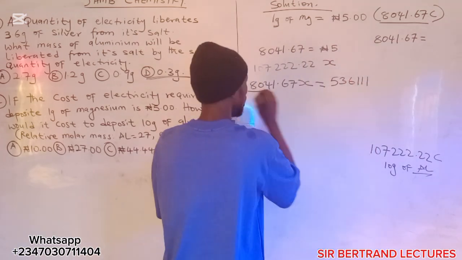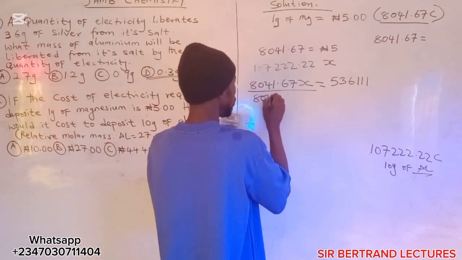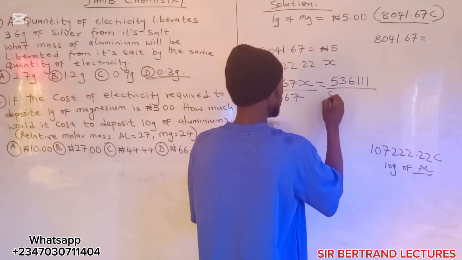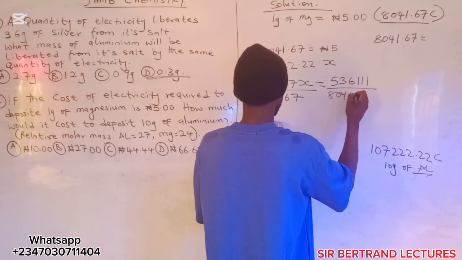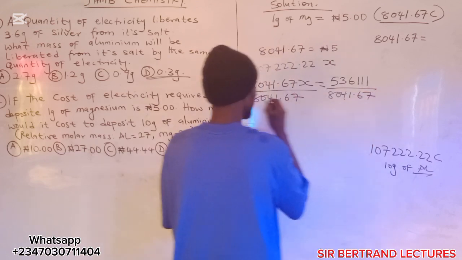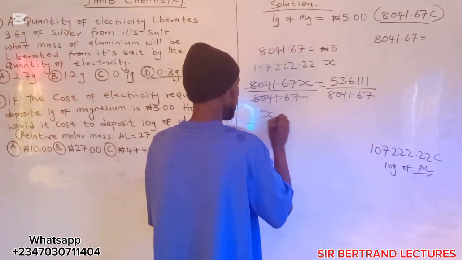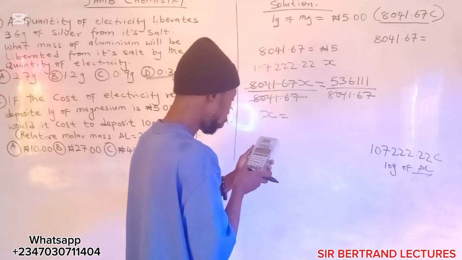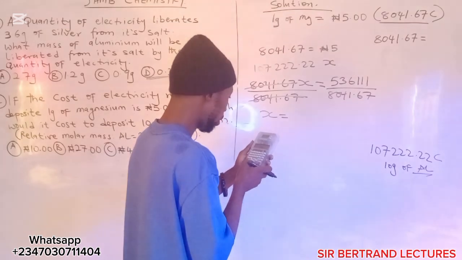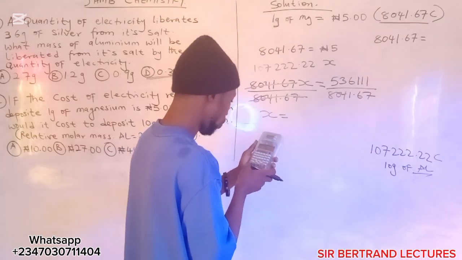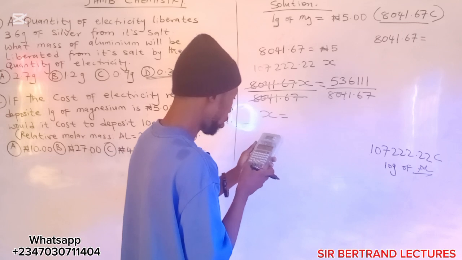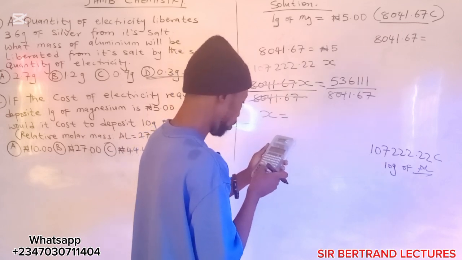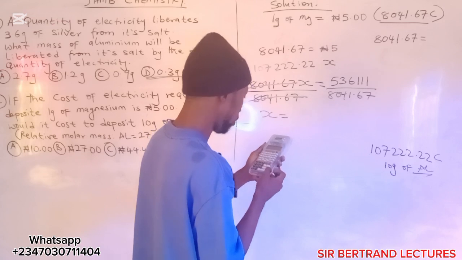That gave us 536,111 divided by 8041.67, divided by 8041.67. This will give us x is equal to 536,111 divided by 8041.67.